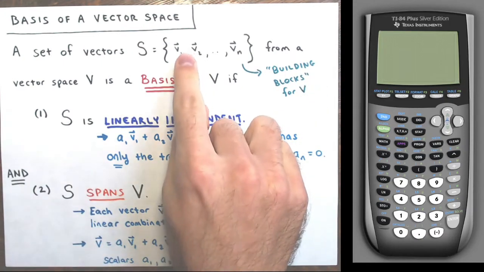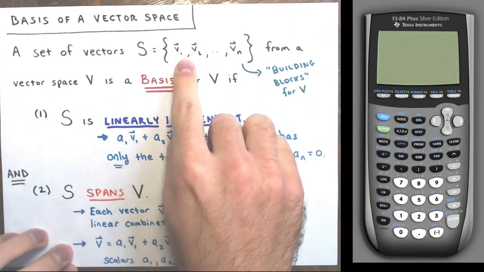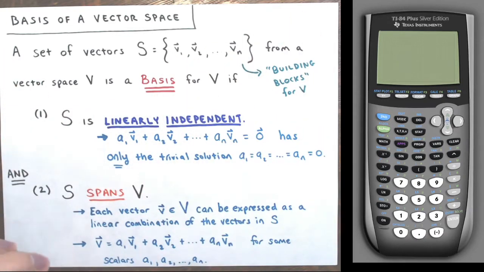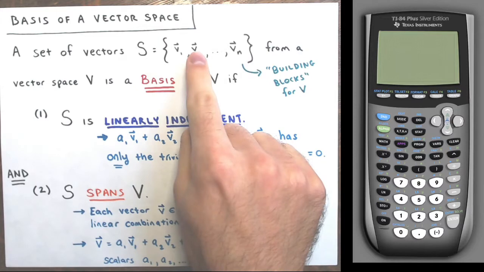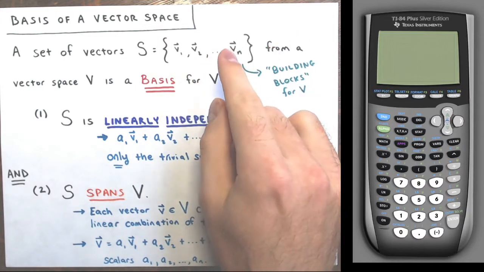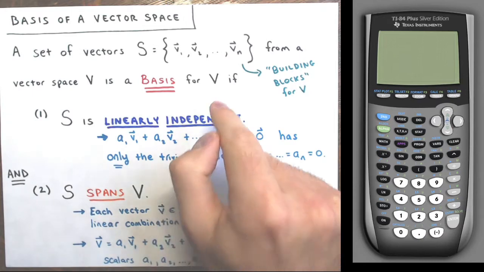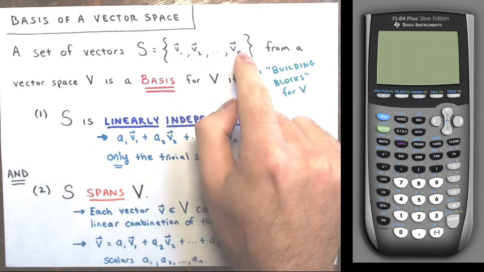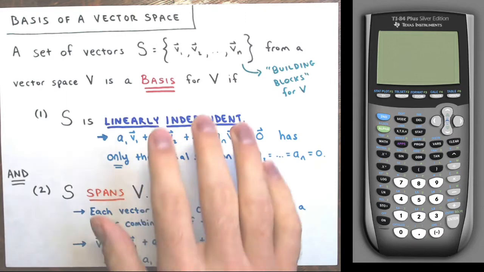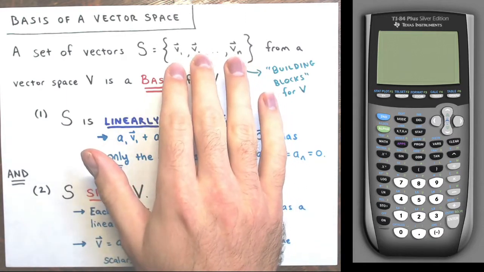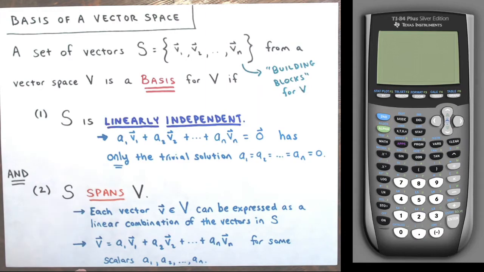If I can build the entire vector space by just using these n vectors, because every vector in the vector space is a combination of them, and I need all of them because they're independent. I can't just get rid of one, because if they were dependent, one of them could be written as a linear combination of the others, and I wouldn't need that one. So I like to think of these as building blocks for the vector space. I can build out every vector from the vector space by taking linear combinations of these, and they're all necessary because they're independent. I need all of them to be able to build the entire space.